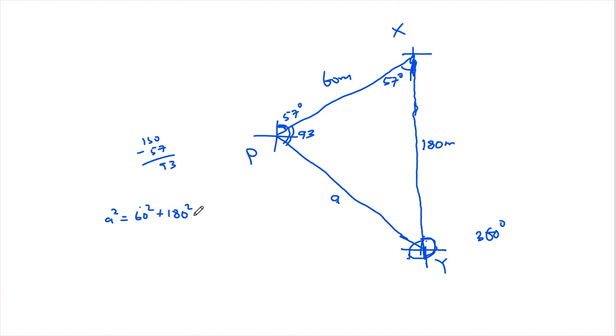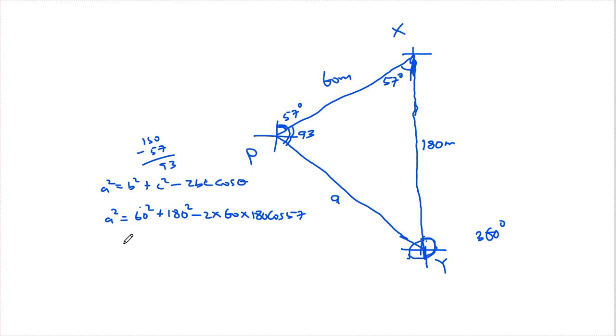This is supposed to be quite difficult, but we can also make it quite easy. Since this is a straight line and here is 57 degrees, the alternate angle here will also be 57 degrees. So A is facing the angle 57 degrees, right? So I can use the cosine rule.